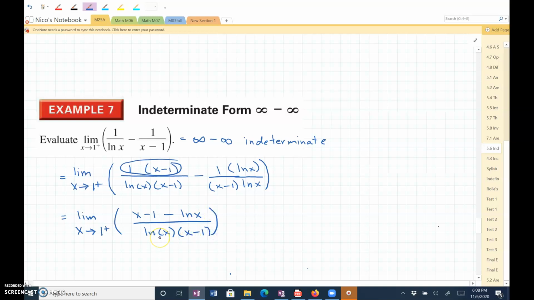Well, we know that this would be indeterminate as well, because it's an equivalent form of that, but what we can do is use L'Hôpital's Rule.